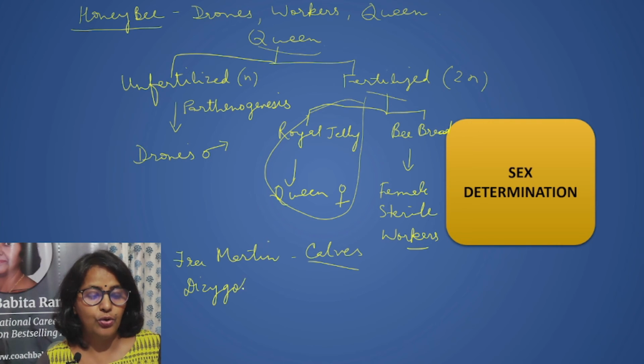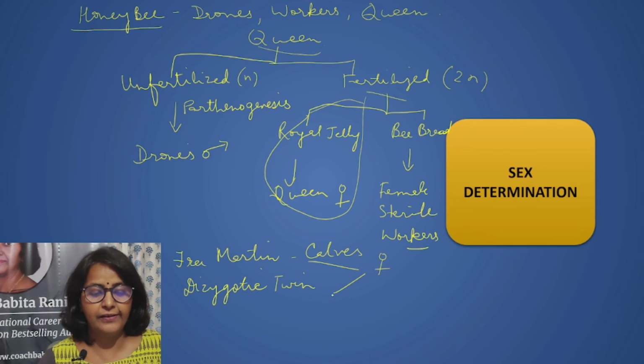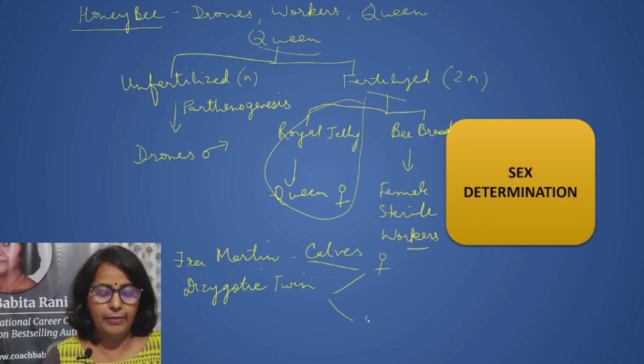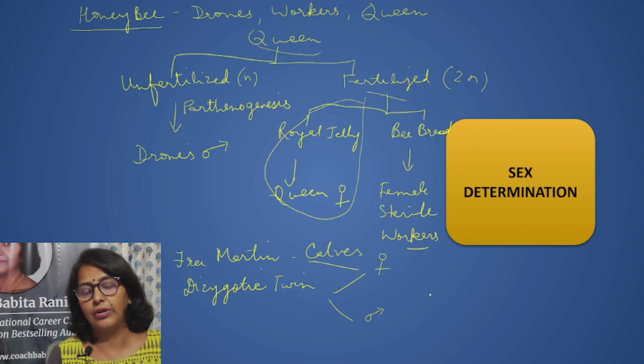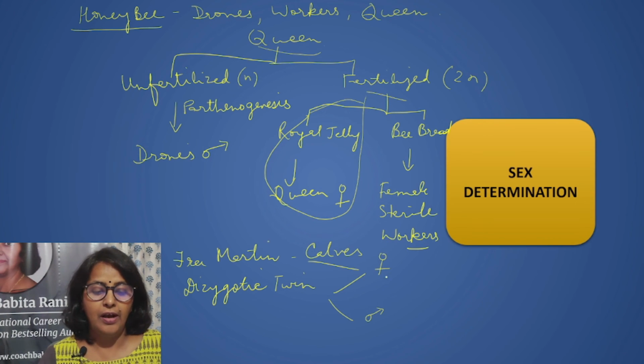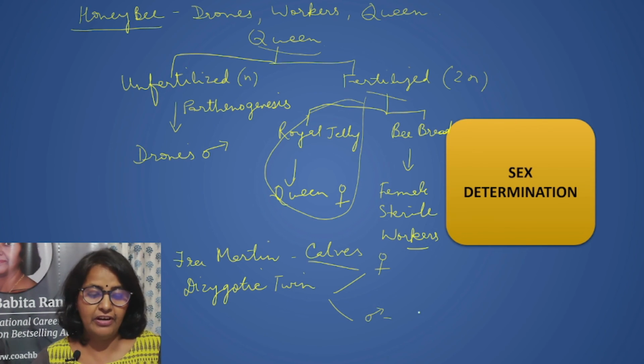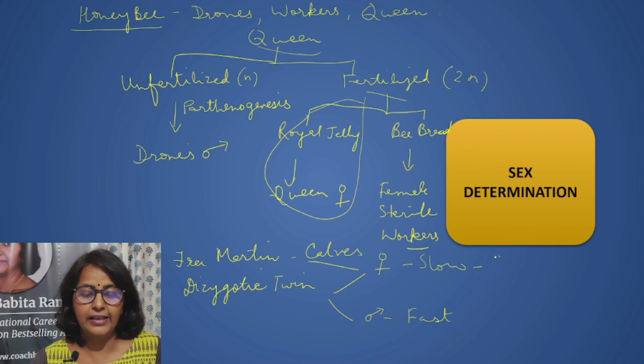Dizygotic means 2 different zygotes are developed, and this will develop into 1 female and 1 male calf. But what happens in this case, this development of male is fast compared to development of female. This is very slow. So it results in a sterile female and a fertile male.